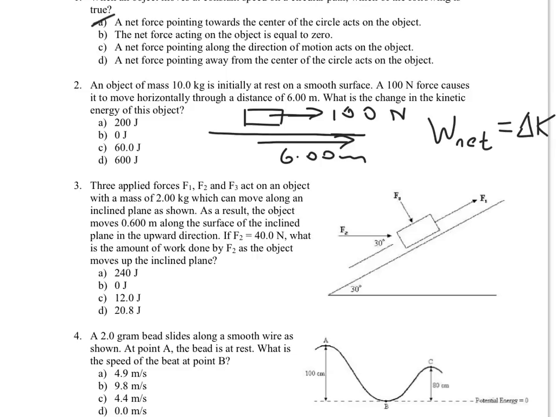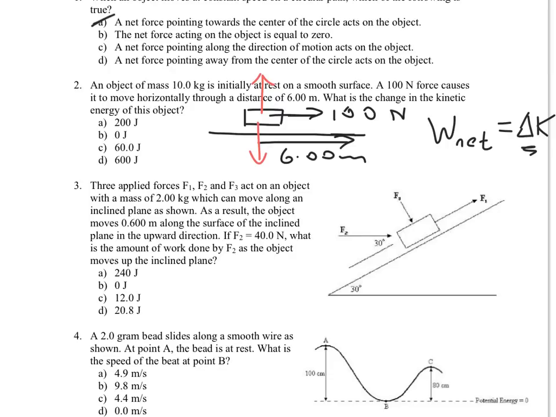Since they want the change in kinetic energy, all you have to do is calculate the net work done. Now, with a single force, because the weight, which is downwards, will be cancelled by the normal force, the net force is the applied 100 Newton force, and if they don't tell you the direction of the force, you cannot do it.